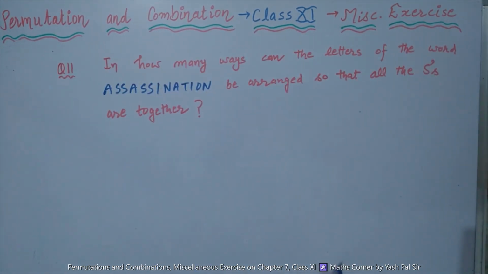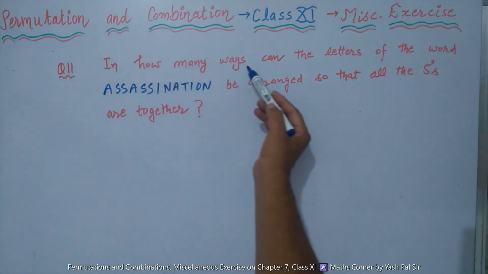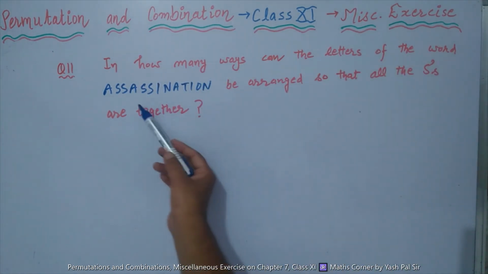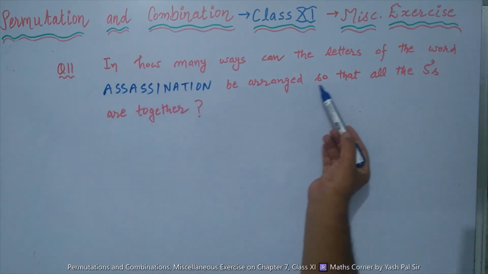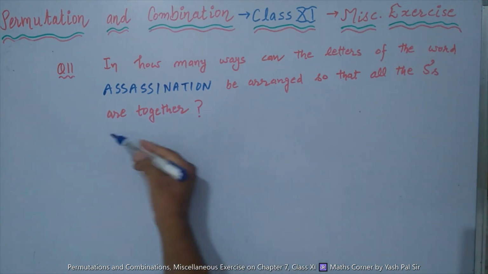Now let us discuss the last question of the exercise. This is, in how many ways can the letters of the word assassination be arranged so that all the S's are together.